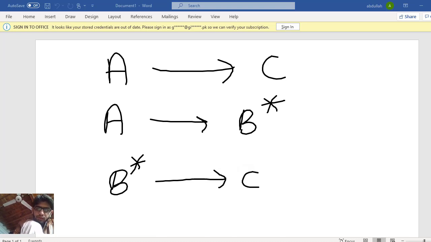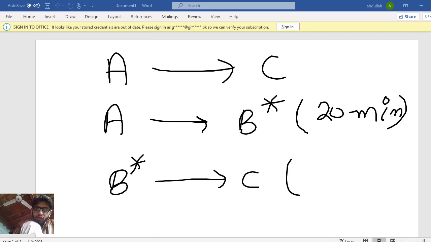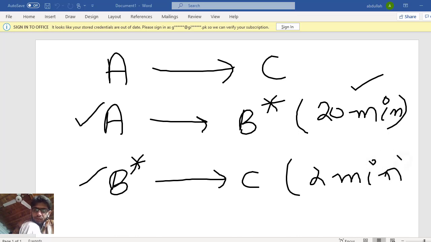Suppose A is converted into the intermediate in 20 minutes, but in the second step the intermediate is consumed very quickly, like in 2 minutes, or 1 minute.